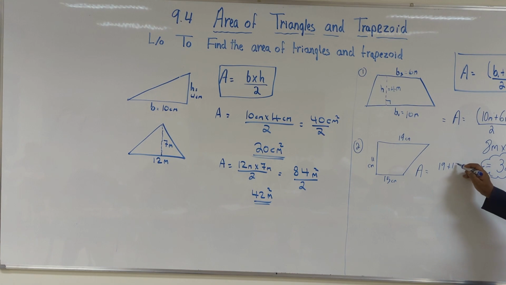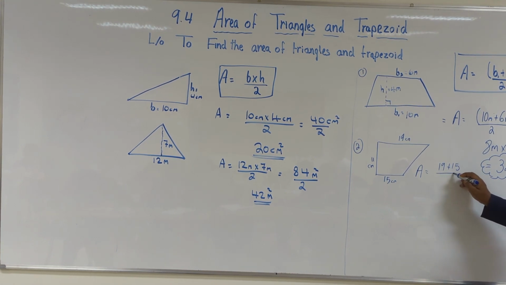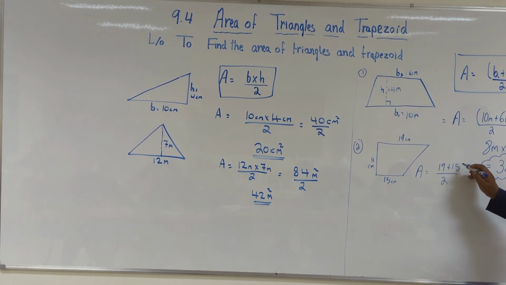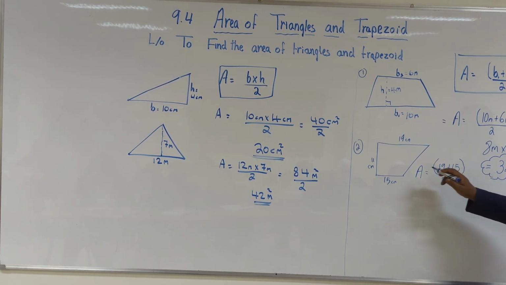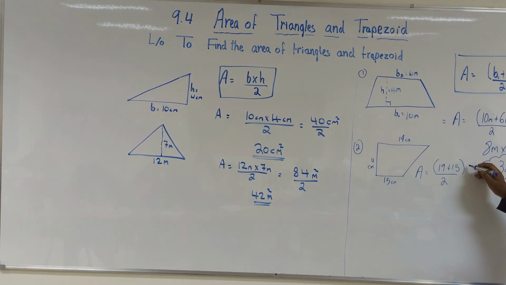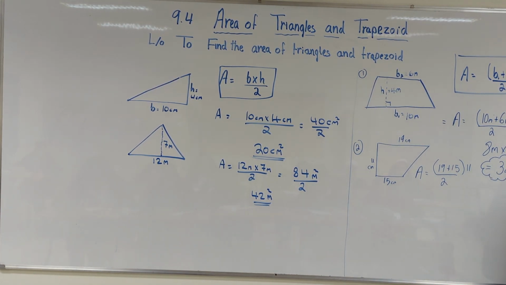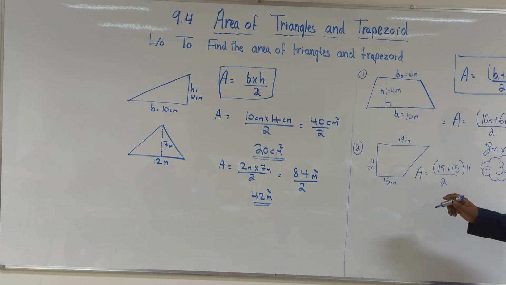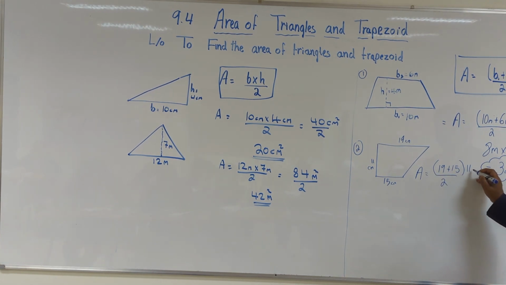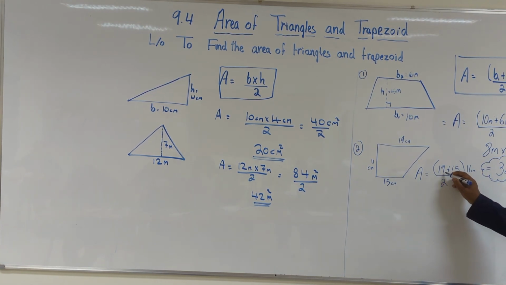Plus 15. And then we divide that by 2. And then we multiply everything by the height, which is 11. So we multiply by 11. Then we need to work this out. Remember the unit here is all centimeters.